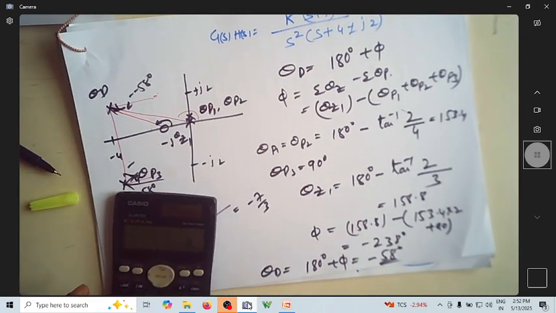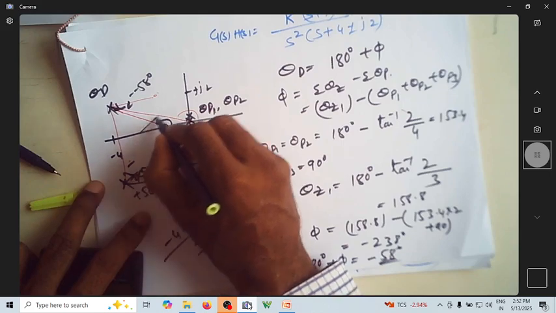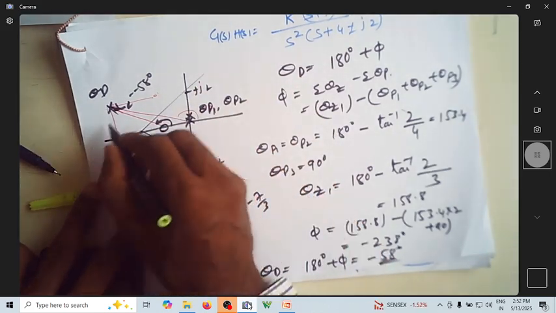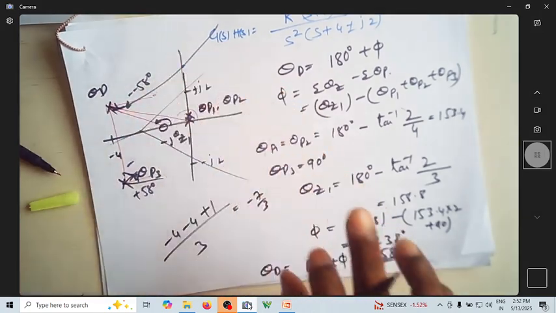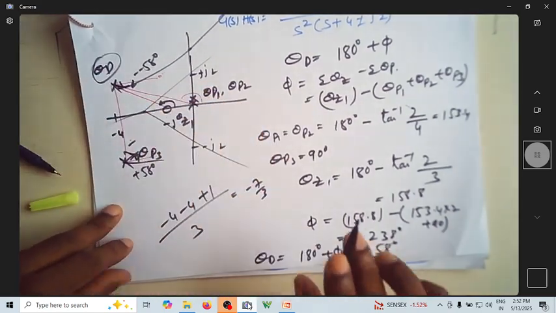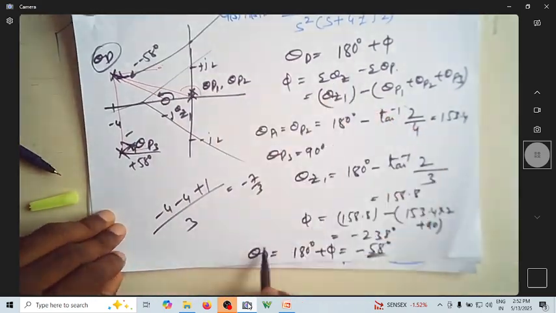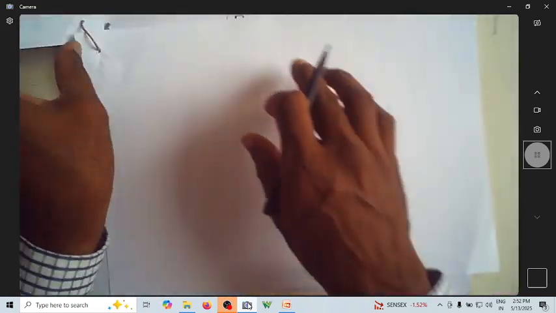So 7 by 3 happens to be 2.33. It is somewhere here, and it actually goes this way. Again, as I said, we are concentrating only on the angle of departure. So this is theta d, and it comes out to be minus 58. Okay, so let us consider one more.